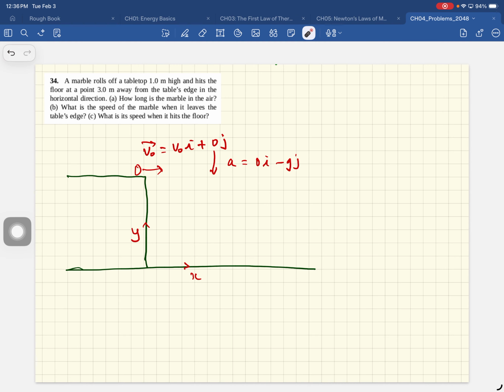Okay. Now they tell you that the ball falls 3 meters and it's launched from a height of 1 meter. Now, if you think about this a bit, the higher you launch the ball from, what does that affect? That affects how long you're in flight.